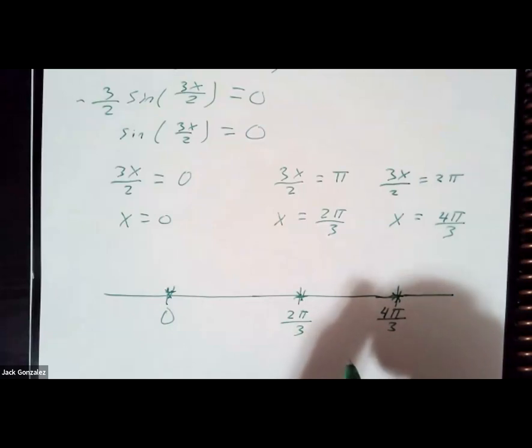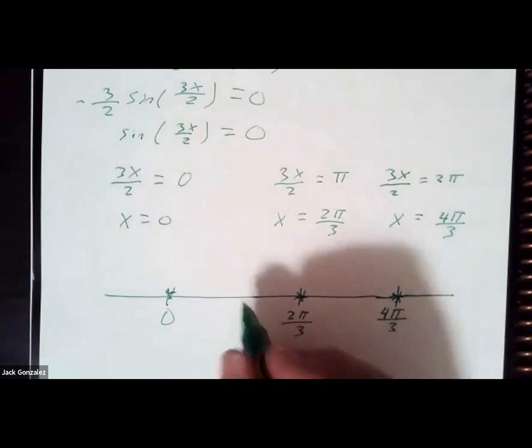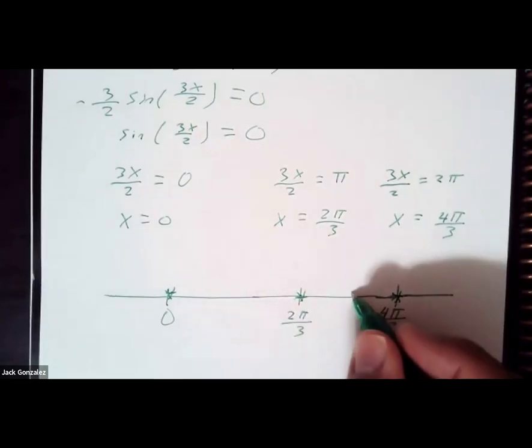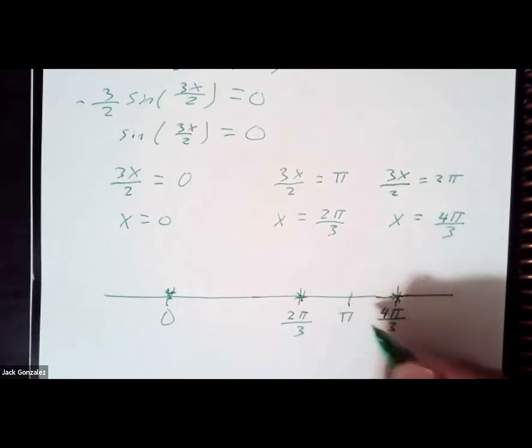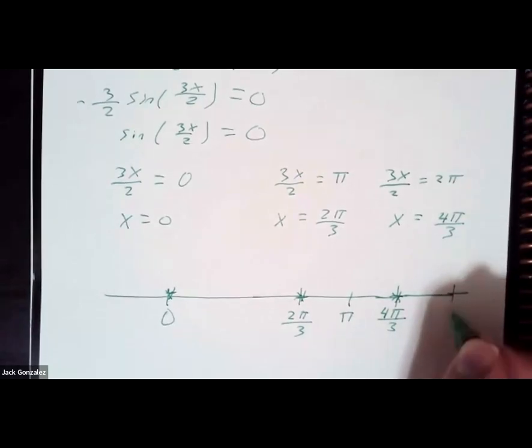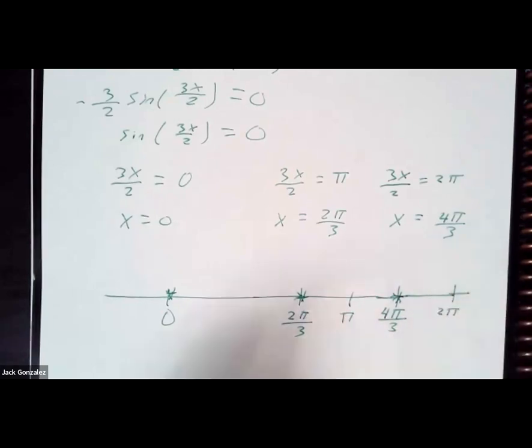I want to say no. Pi would be here. 2 pi is there, I believe. Those are the easy ones.